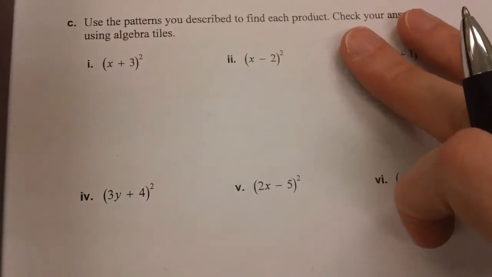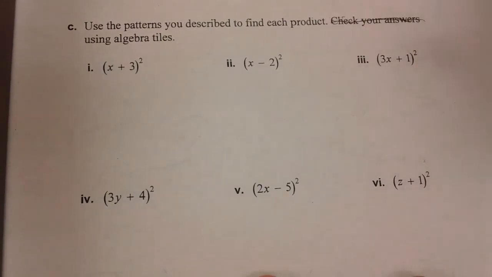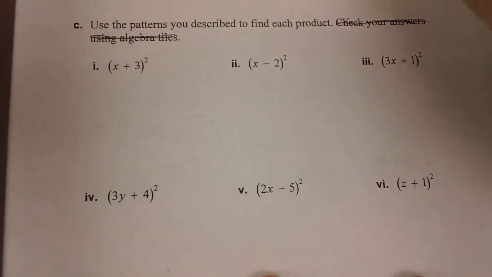Okay. Use the patterns you described to find each product. Check your answers using algebra tiles. No, we're not using algebra tiles. Okay, so you can FOIL or you can memorize the pattern.